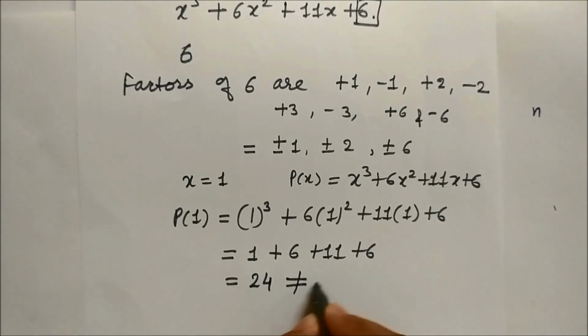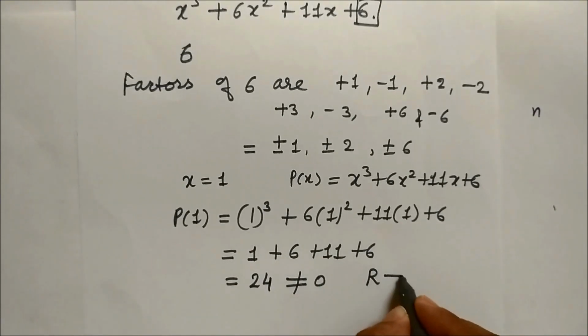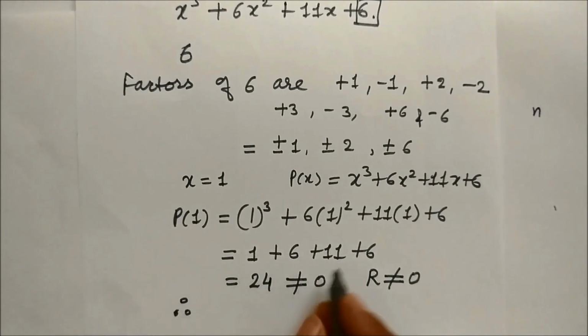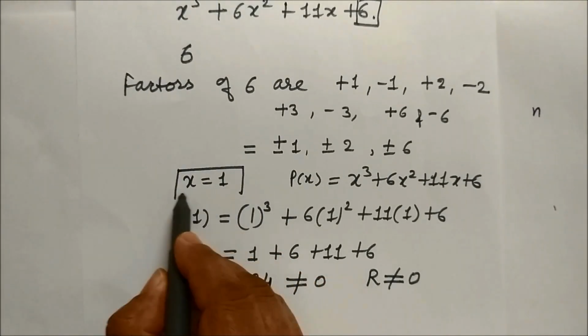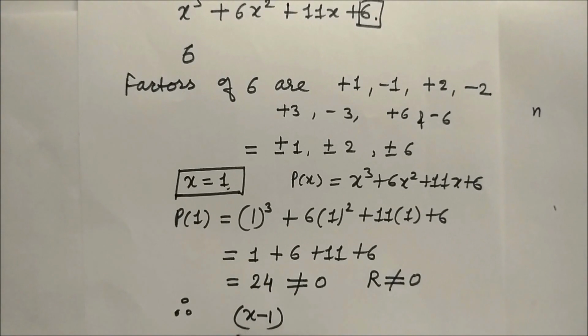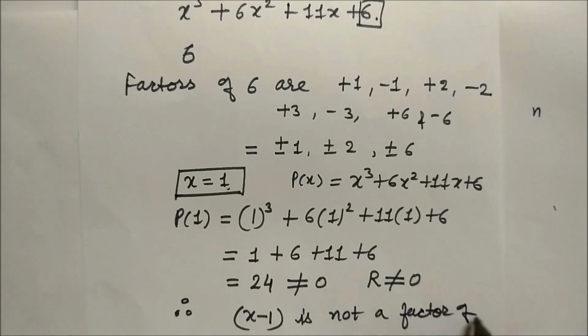And this 24 is not equal to 0. It means remainder is not equal to 0. Therefore, we have supposed here x is equal to 1, and when we shift this 1 left hand side, we will get x minus 1. So we can write x minus 1 is not a factor of p of x.